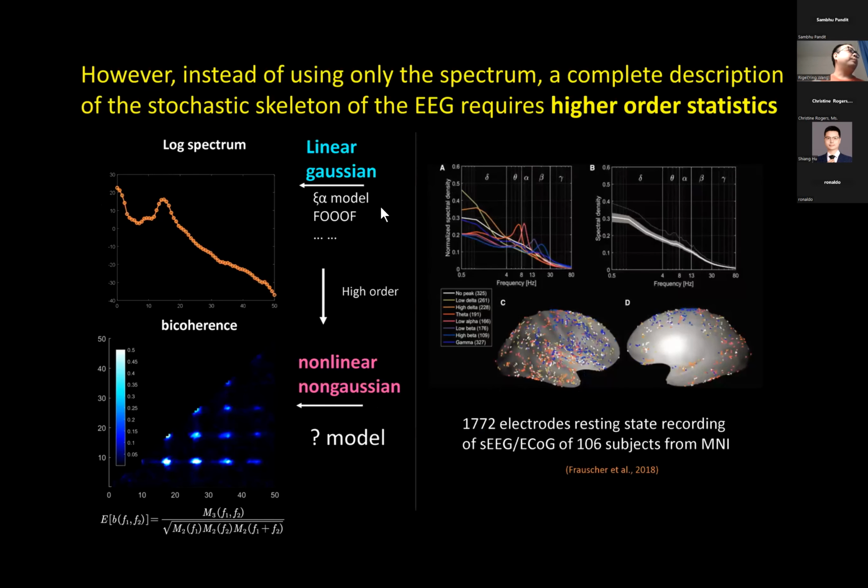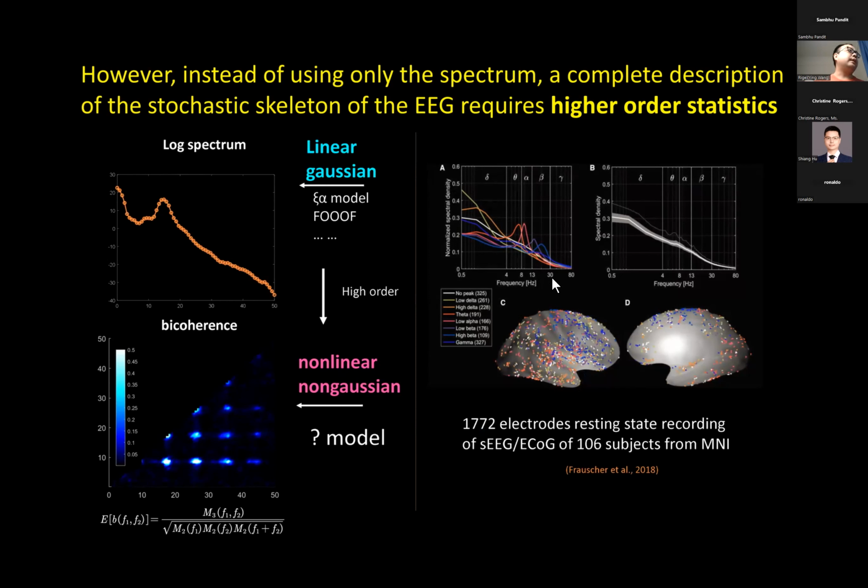However, these previous methods are all based on the second order statistics of the process. These are sufficient for the linear and Gaussian, but the brain is highly nonlinear. So we need a model that represents the nonlinearity and non-Gaussianity of the brain.